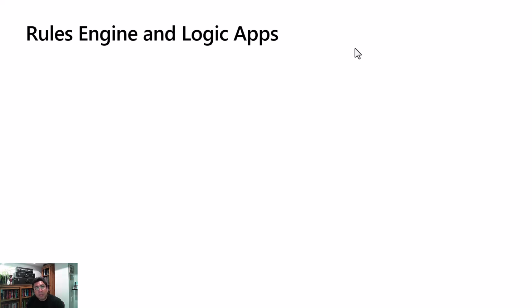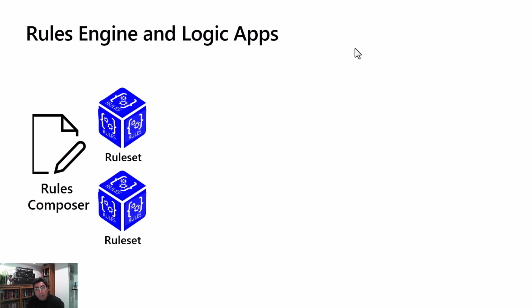Let's see what the relationship is between the rules engine and Logic Apps, or what the thought process is about creating rules in Logic Apps. First of all, it all starts with a composer, or a BizTalk implementation of the business rules engine. The composer is used to create the rules and rule sets that will be leveraged by the Logic Apps.